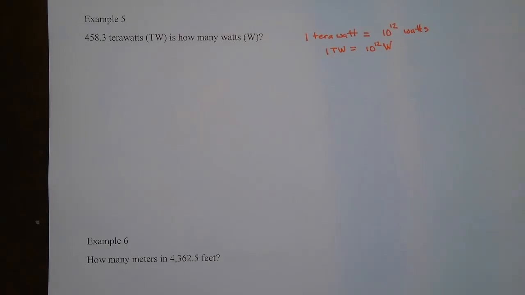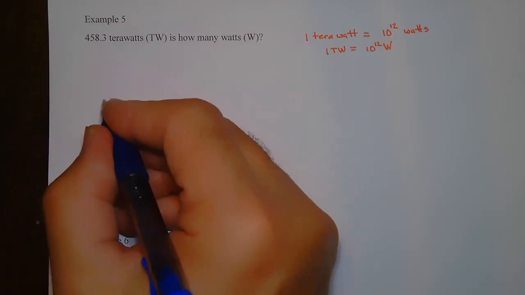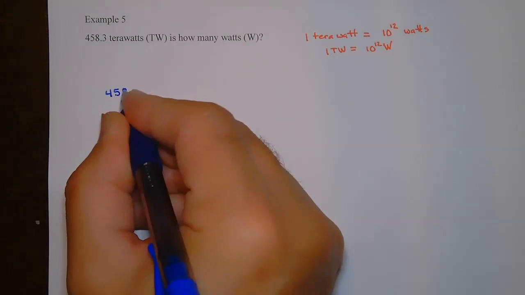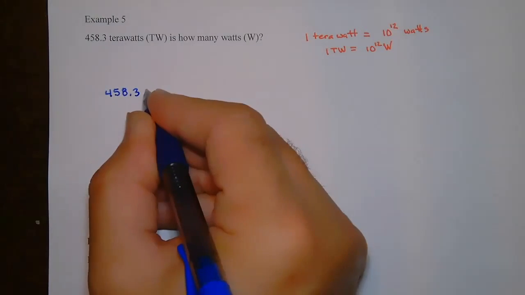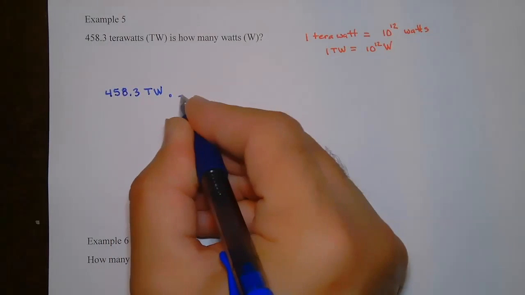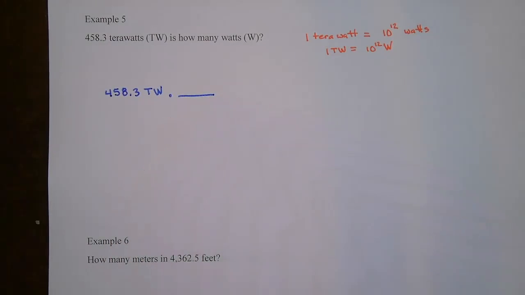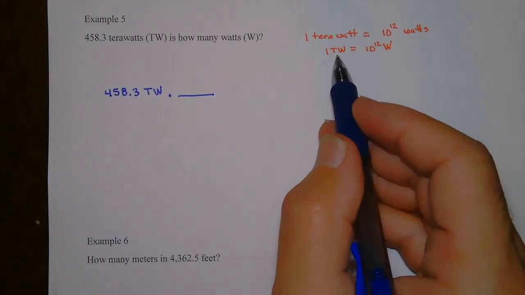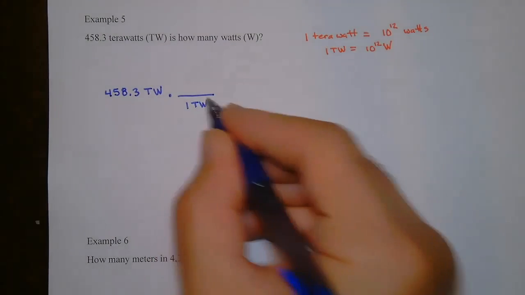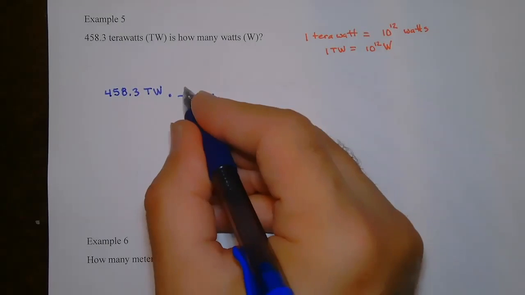So we're just going to do dimensional analysis now. So 458.3, we're going to start with that. 458.3 terawatts, TW, times, so I'm going to need the terawatts to be on the bottom. So 1 terawatt is going to go on the bottom, and 10 to the 12th watts is going to go on top.